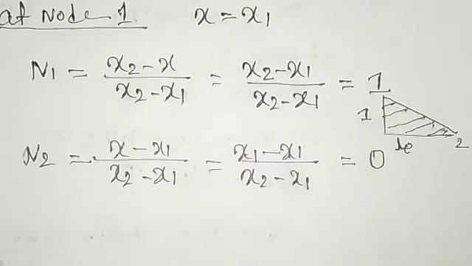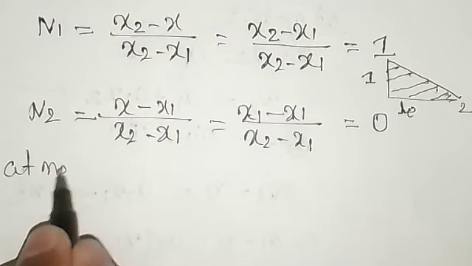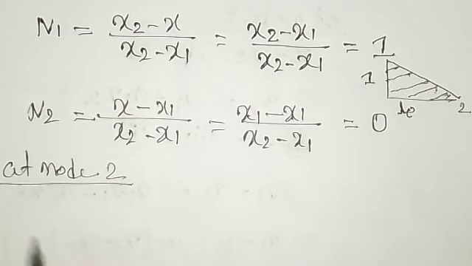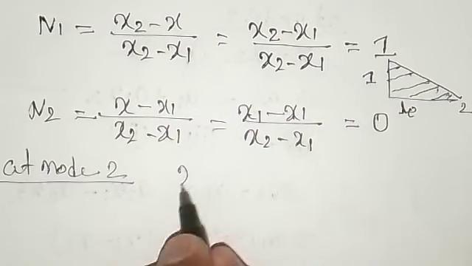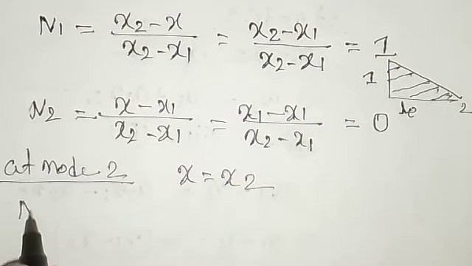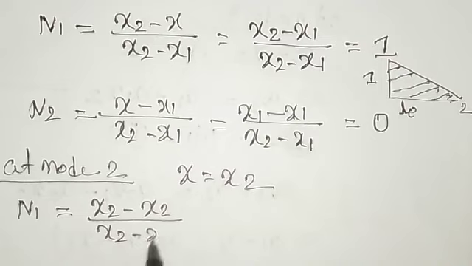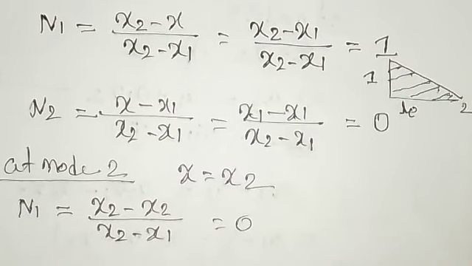Similarly, we'll go for node 2. At node 2, we take x is equal to x2. So n1 is equal to (x2 minus x2) by (x2 minus x1), which is equal to 0.